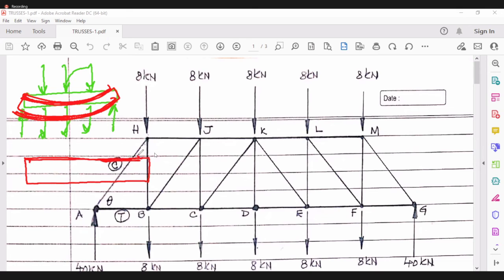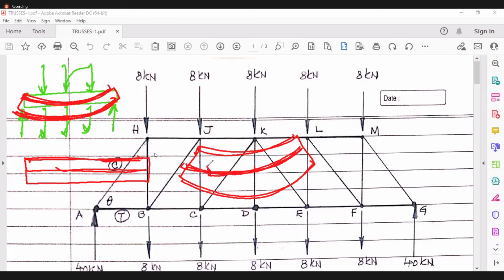Because if it bends like this, then the central line remains as it is, and this length is less than this length, which is more than this length, which is equal to this particular length over here. As a result, this has expanded and this has contracted. So this is in compression and this is in tension.